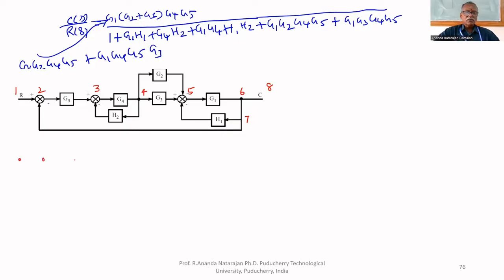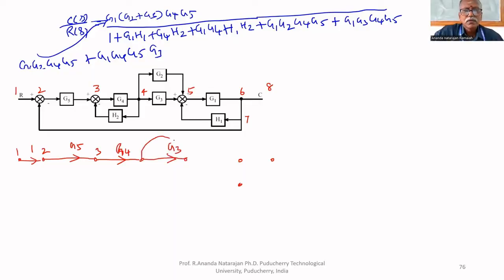How many nodes? 8 nodes are required. G3, G2, G1, 1. This is also 1. This is 5, 4, 6, 7, 8.